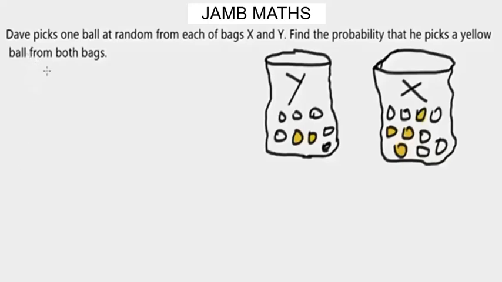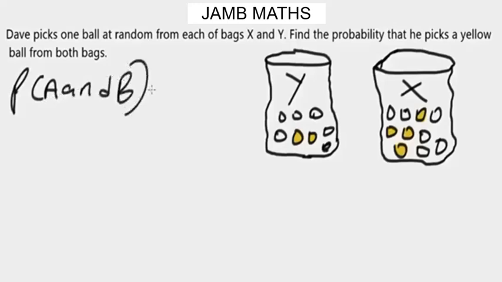Mathematically, it is the probability of A and B happening equals the probability of A, separate, times the probability of B, separate.